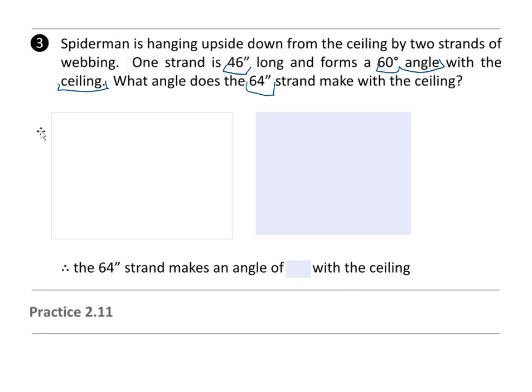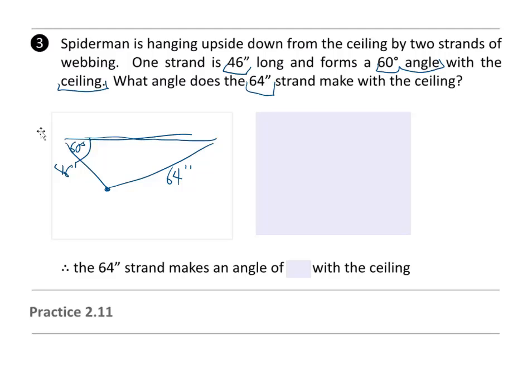Okay. So we're given a triangle. This one's going to be 46 inches long, and this is a 60-degree angle here. And this is going to be 64 inches here. And Spider-Man's hanging out here.